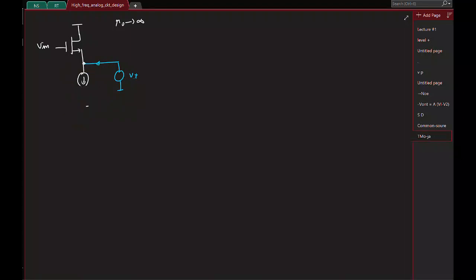Yeah, so let's do that quickly. Of course I'll make sure the input is also de-energized, so it's ground. So if I quickly draw the small signal, you see that you have Gm times VGS here, where the gate is grounded, and at the source I have applied a test voltage Vt. So what is the current flowing in this direction?